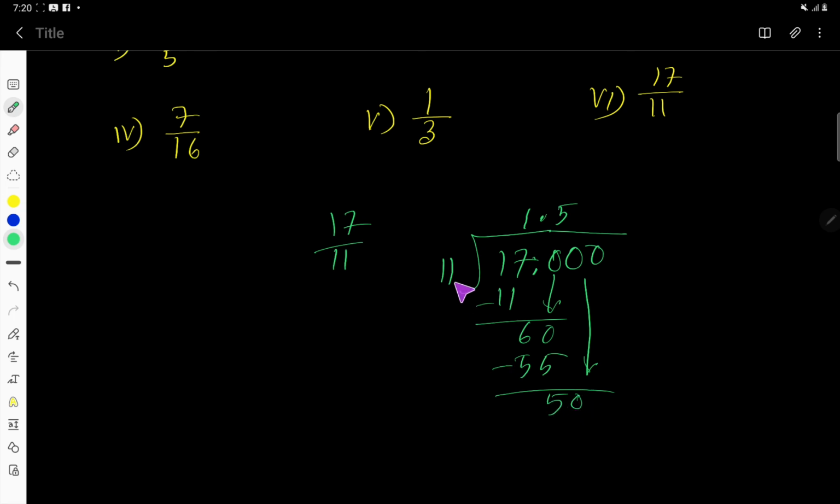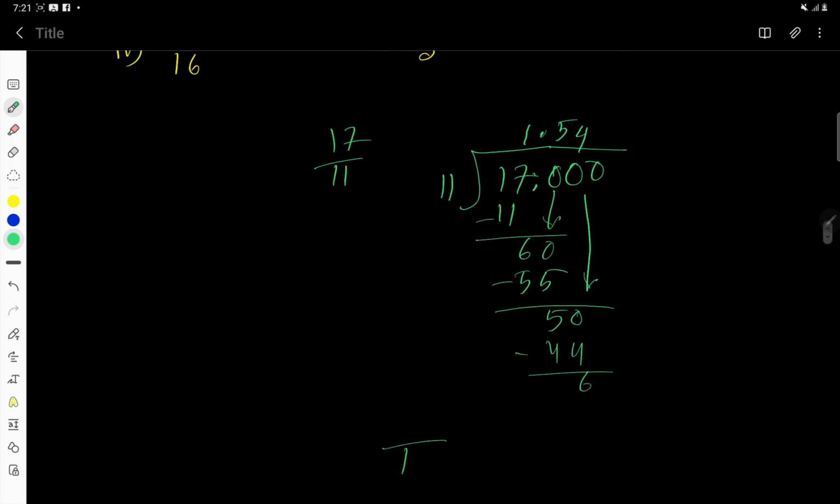Okay, so 11 goes into 50 4 times. 4 times 44. If you subtract, then you are getting here 6, right? Then bring down this 0, 60. 11 goes into 60 how many times? 5 times. 55, right? If you subtract, then you are getting 5.